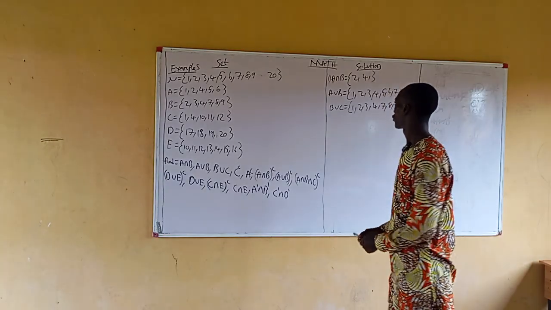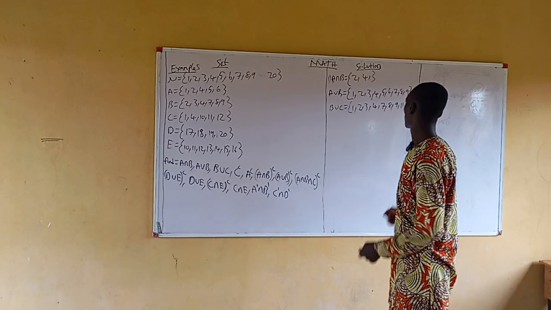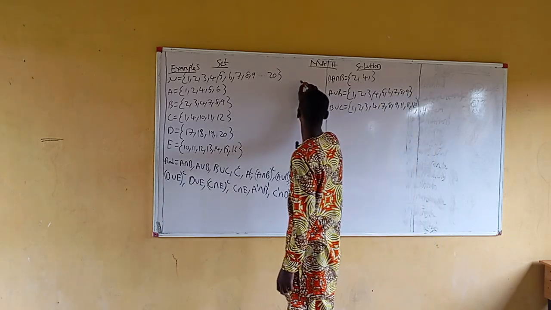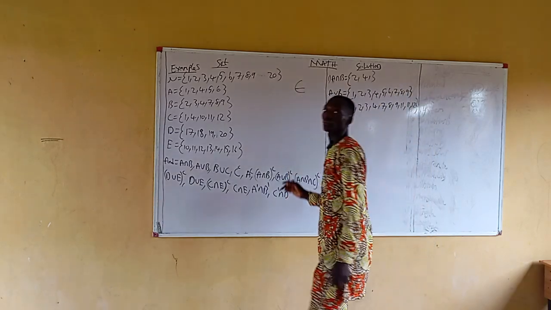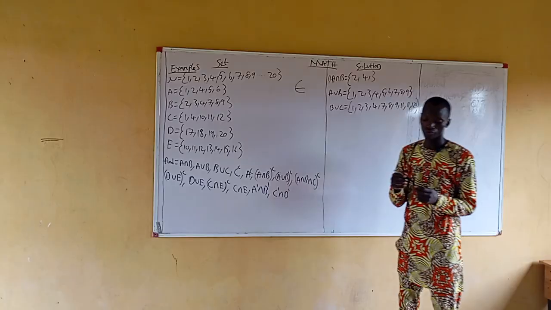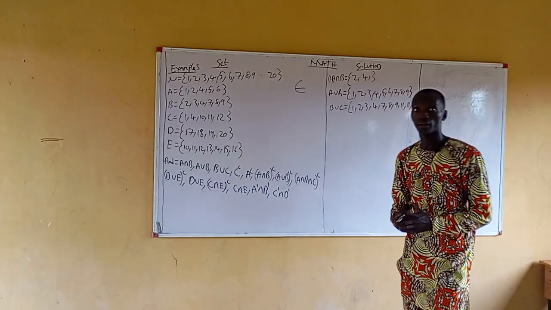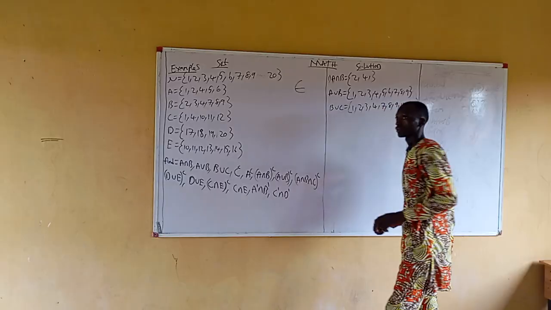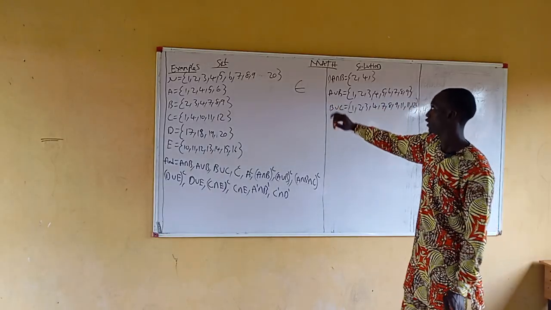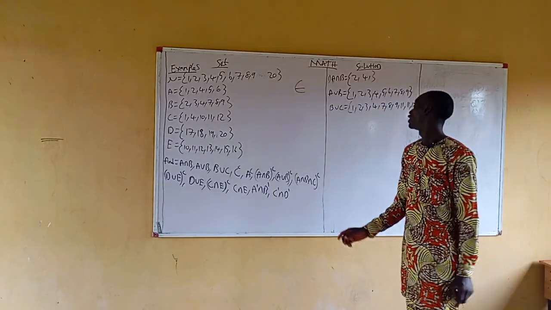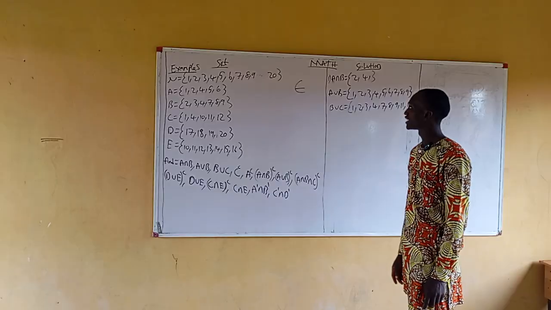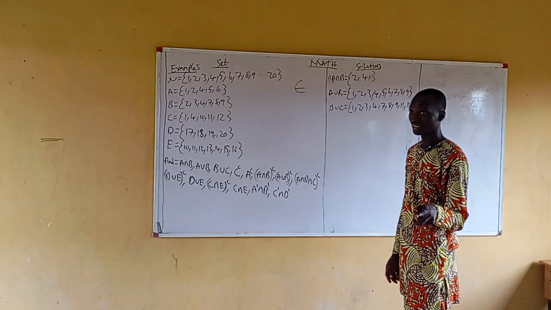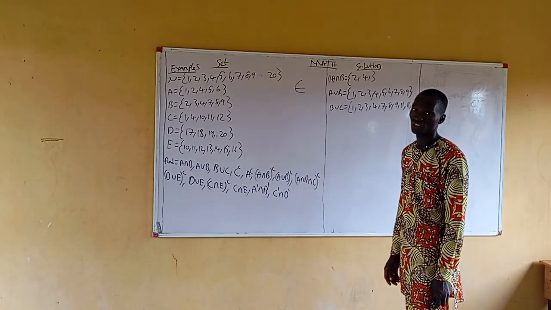And remember, the symbol for element is this. That is the symbol for element. Whenever I see it, you're able to remember from your textbook. They use this word element a lot, and that symbol for element a lot. So take note of it. Now, C complement, the element in the universal set that is not in the subset.